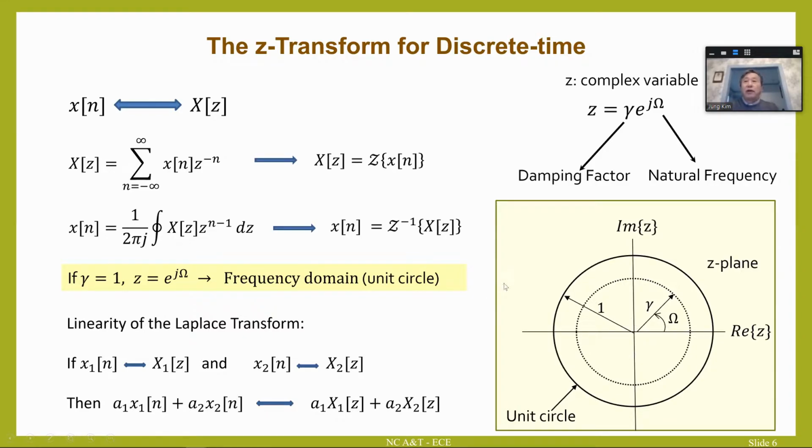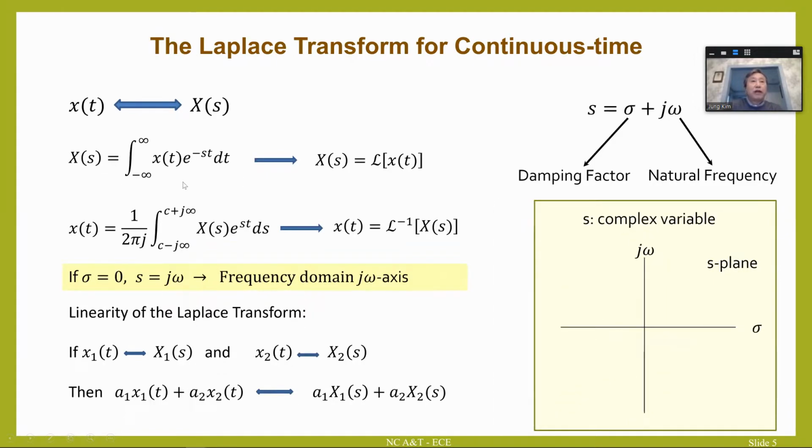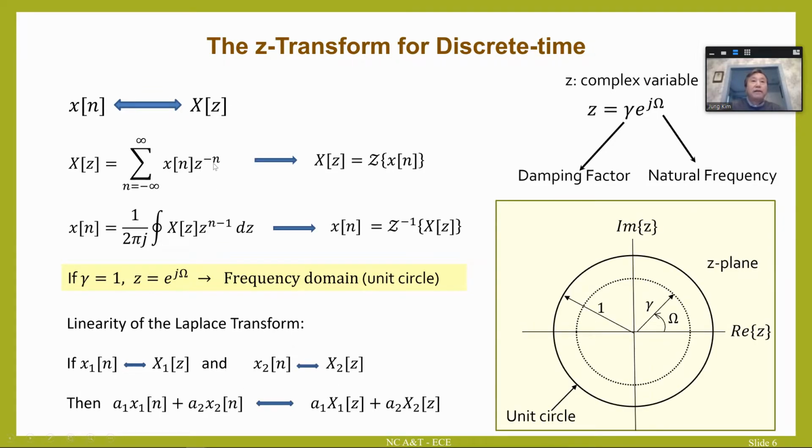Now the Z transform is a summation from n equals minus infinity to infinity of x of n, the n domain signal, times z to the minus n. In the case of the Laplace transform, as you know, it is the integration of x of t and e to the minus st. Instead of that, we have z to the minus n in the discrete time Z transform. The inverse Z transform is a line integral, a contour integration.